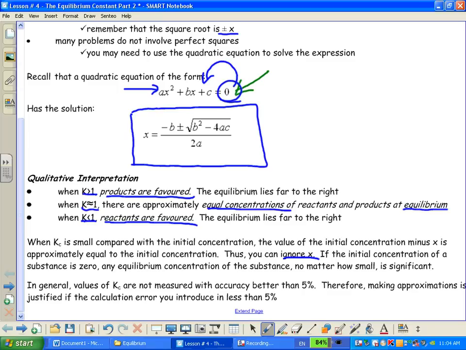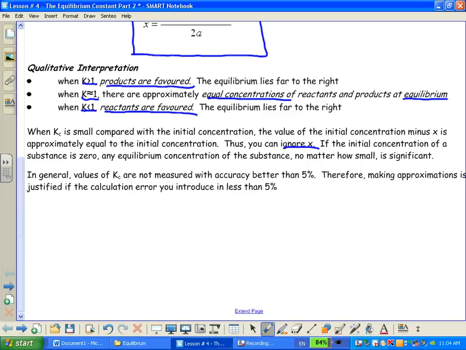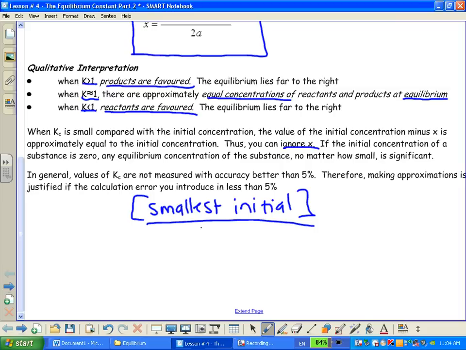In general, values of Kc are not measured with accuracy better than 5%. Therefore, making the approximation is justified if the calculation error you introduce is less than 5%. So the smallest initial concentration divided by our K has to be greater than 500 in order for x to be negligible.